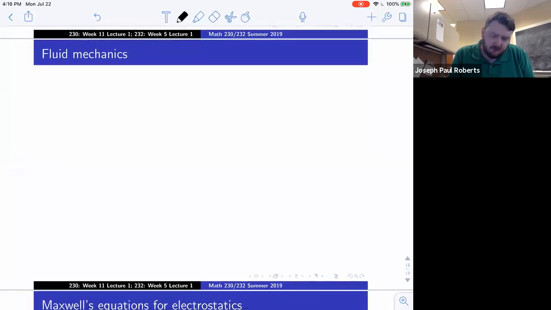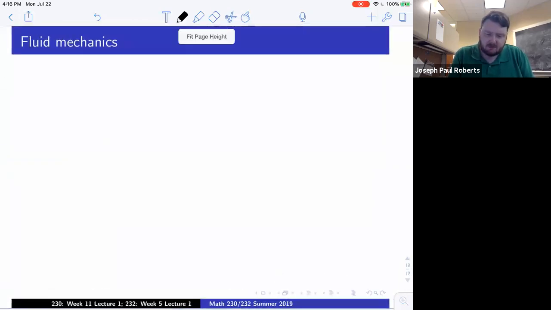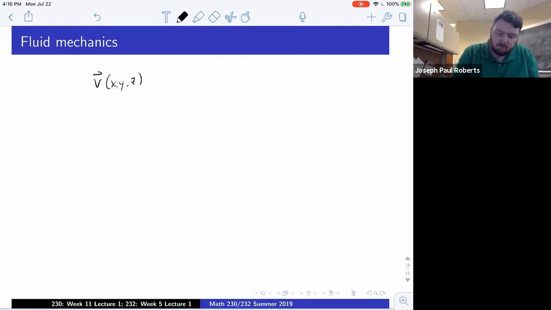Okay, so the last thing I want to talk about is how these ideas of divergence and curl turn up in certain other subjects. So fluid mechanics, if any of you are aerospace engineering majors, I'm sure you'll see this idea. The idea in fluid mechanics would be you're studying the velocity field of a fluid.